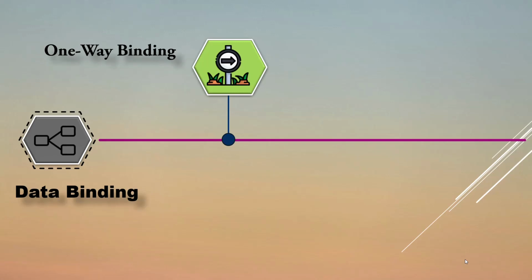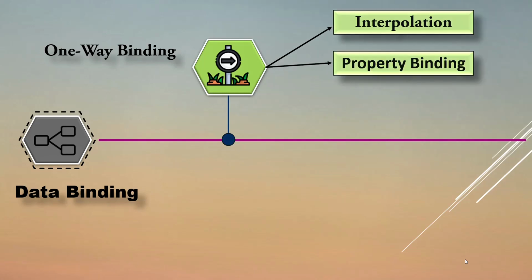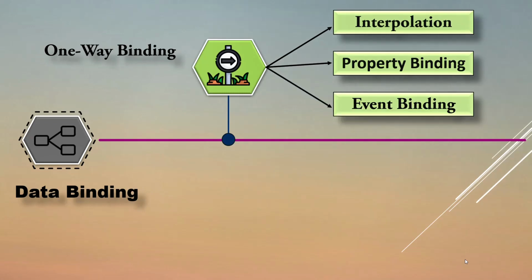One way means it will only communicate in one direction; it will not be bi-directional. It has sub-parts: interpolation, then property binding, and then event binding, which we will learn going forward.